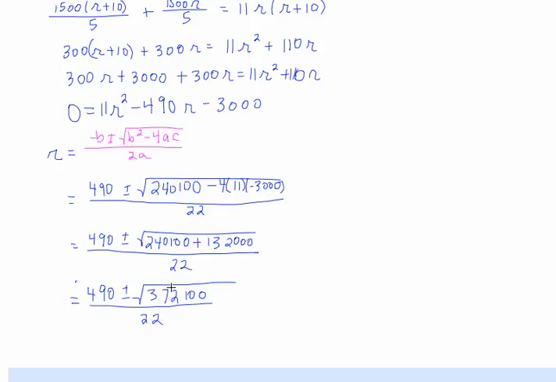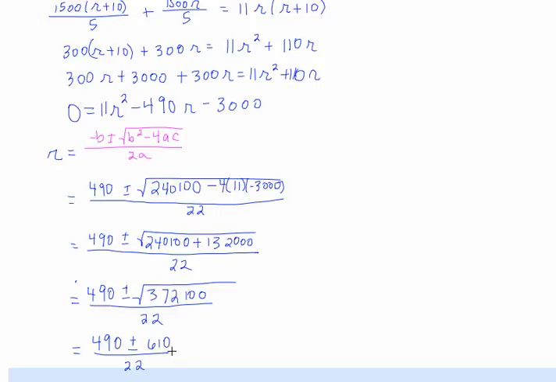If you take the square root of that, it actually is an exact square root. Yeah, it shouldn't have been that messy. So we get 490 plus or minus 610 all over 22. Much better.